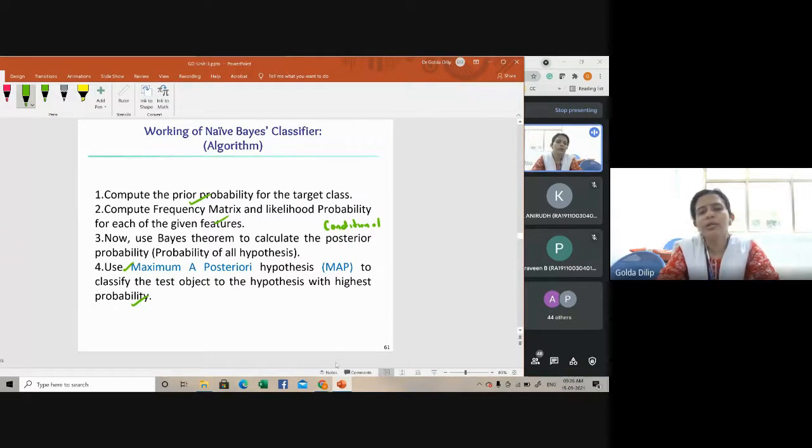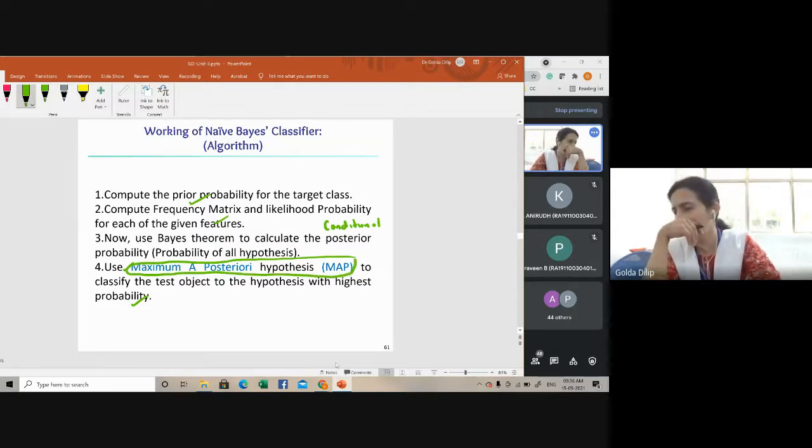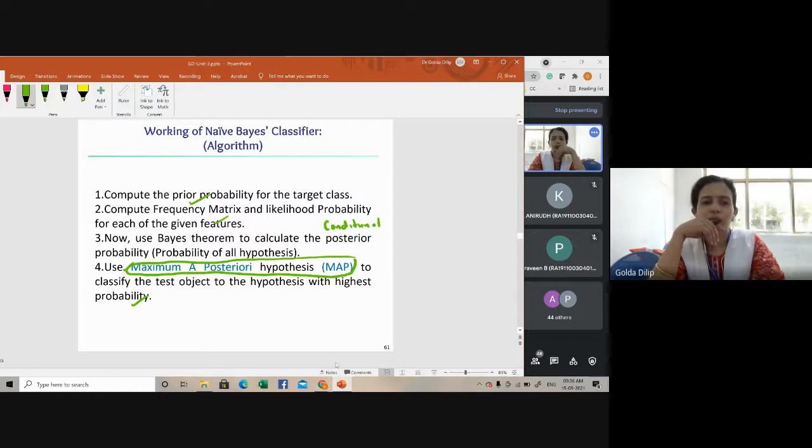Now let's look into what your MAP is, because you are familiar with Bayes theorem, you know how to go ahead with it. But how to use this MAP, or what is the formula for MAP which will help you to classify the test object with the highest probability.